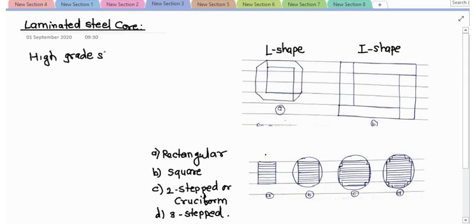The material which is used for core is nothing but high grade silicon steel, which has two important properties. It has high permeability and low reluctance.